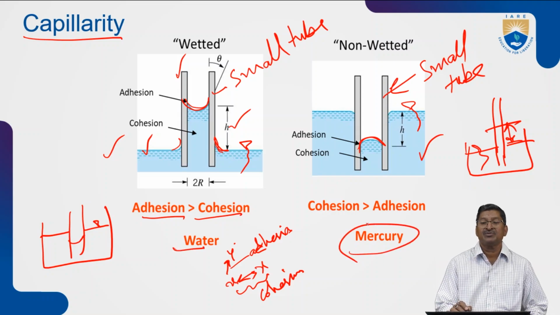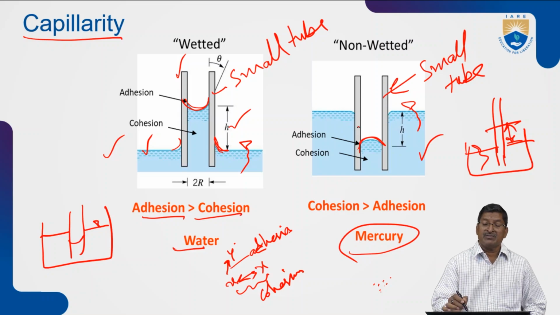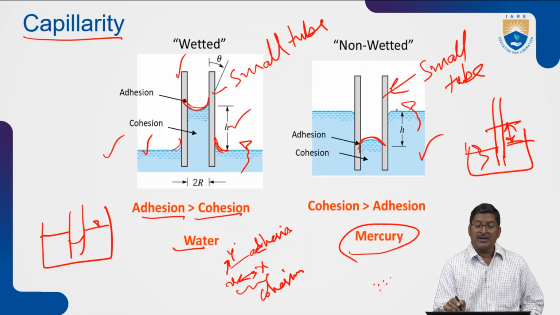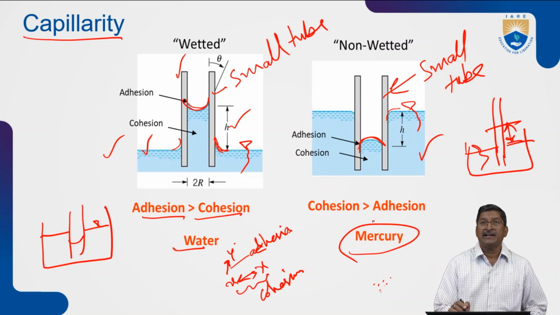But whereas here is another material; the example for this is water, and the opposite one is mercury. So here cohesion is more. Cohesion means the attraction between the same particles. So here mercury molecules will have more attraction to each other compared to the molecules of the pipe material. So here cohesion is more. That's why it is lowering the level. So here you can see an inverted U shape at the surface, because cohesion is more than the adhesion.